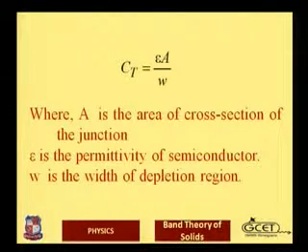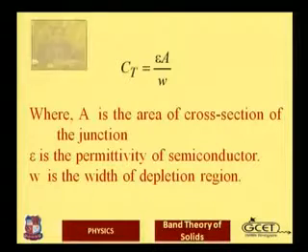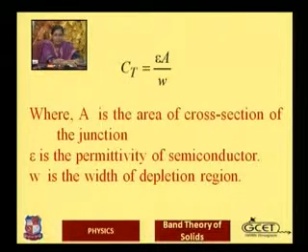We are interested in CT, that is the transition capacitance, which is equal to εA upon W, where capital A is the cross-sectional area of the junction, ε is the permittivity of the semiconducting material, and W, as I said earlier, is the width of the depletion region.